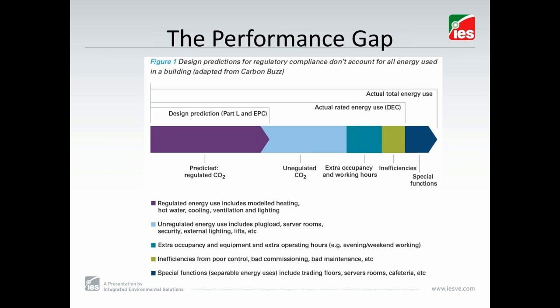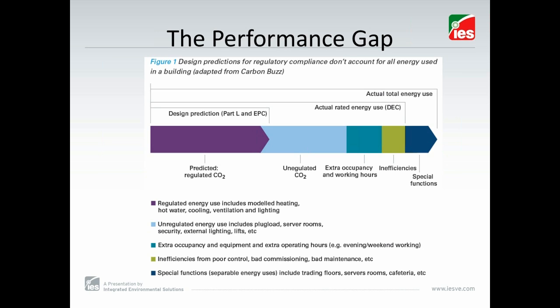However, when we look at buildings in use, we are still some way off achieving low carbon, before we even get to zero carbon or near zero carbon. There is a lot of work to be done. The industry in recent times, I would say, appears to have woken up to what we call the performance gap.